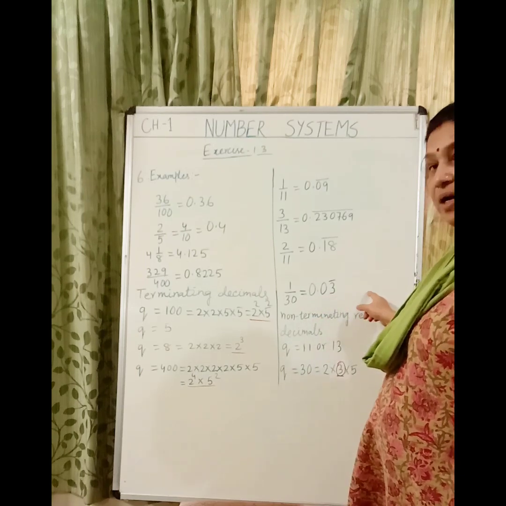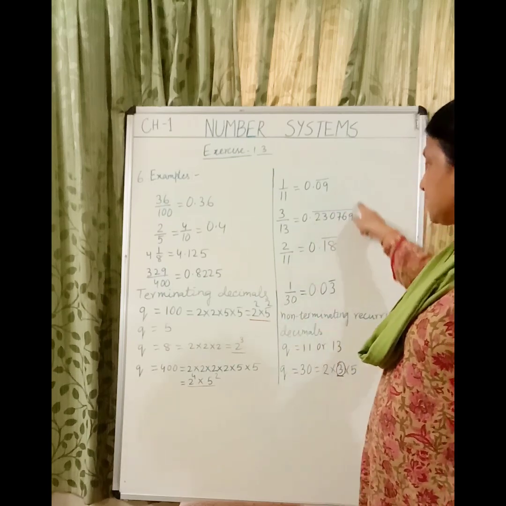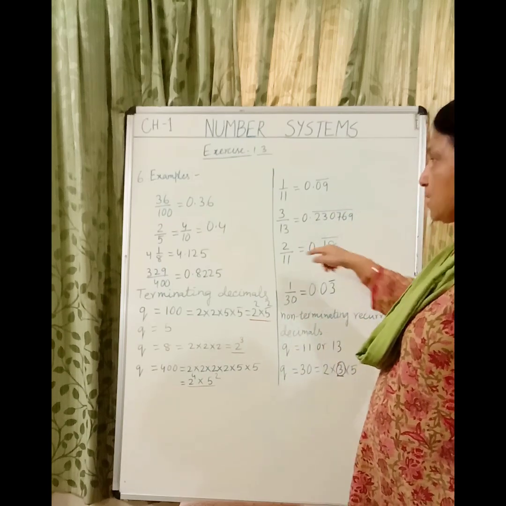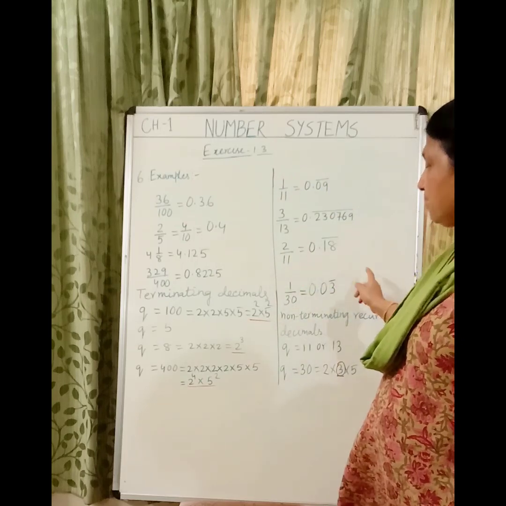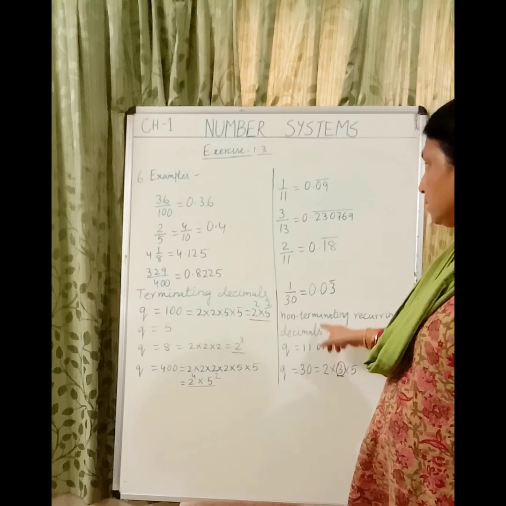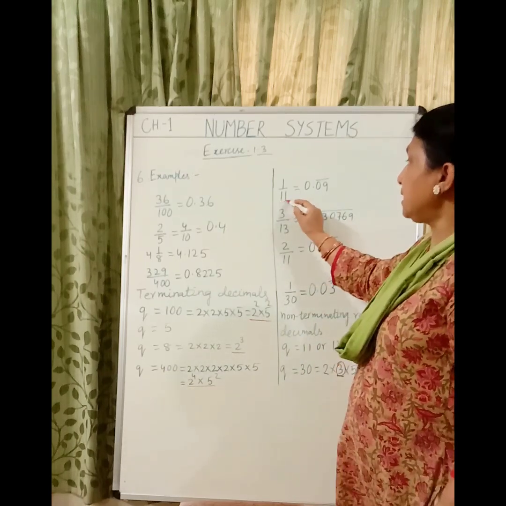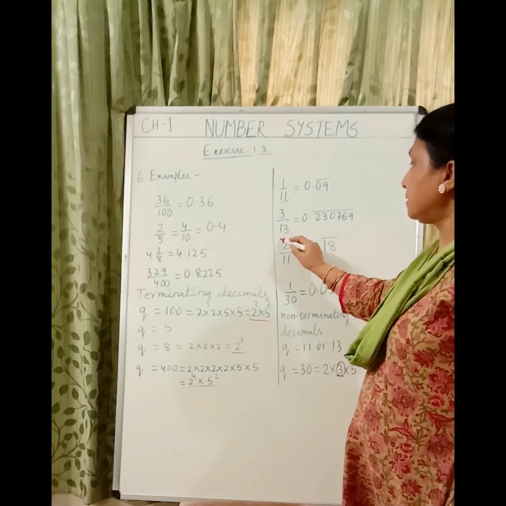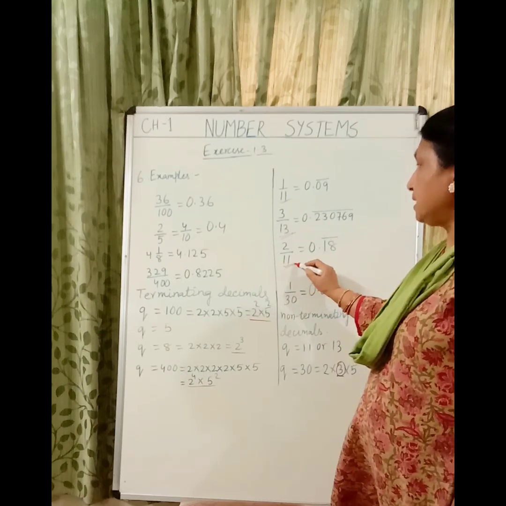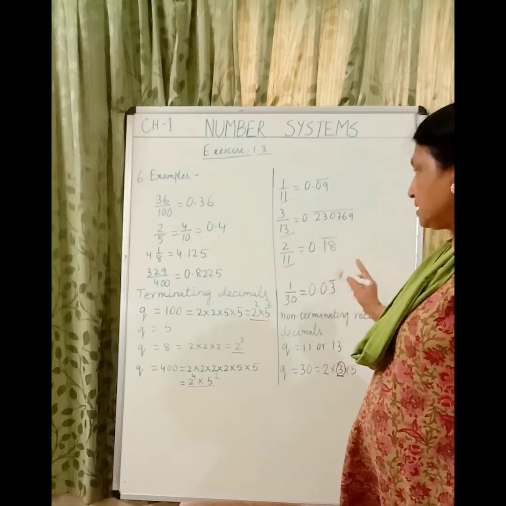So 3 will be coming as the repeating digit. What type of decimal expansion do these rational numbers have? They have non-terminating recurring decimals. As you can see, Q here is 11, then next is 13, then again it is 11. So what types of numbers are there? They are just prime numbers.